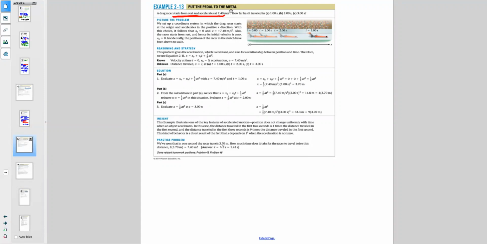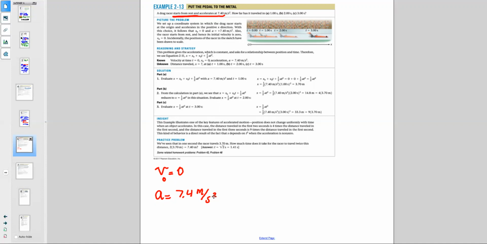Starts from rest, meaning that the initial velocity is 0, and accelerates at 7.4 meters per second squared. So a constant acceleration of 7.4 meters per second squared, meaning that in each second, it will gain 7.4 meters per second of speed. Now, how far has it traveled in 1 second, 2 seconds, and 3 seconds? I'm just going to solve it for one of them.